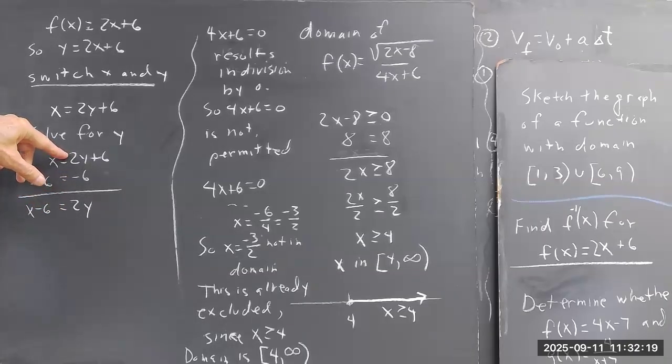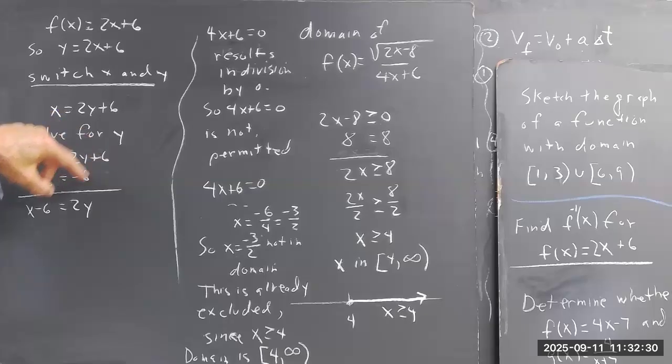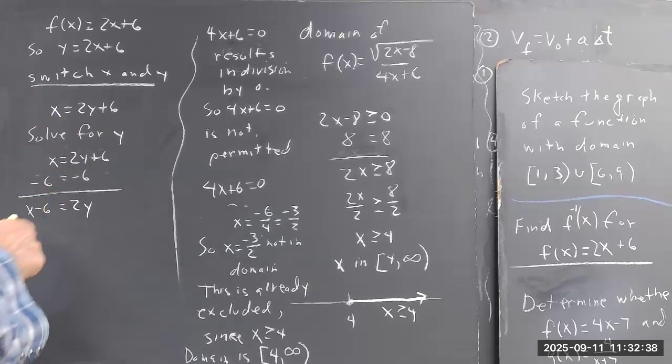You can't subtract anything from this 2 because 2 is multiplied by y, and you don't know what y is. It doesn't work. If you're subtracting a number, it has to be subtracted from a number, not from an expression that has a variable in it. So x minus 6 equals 2y.